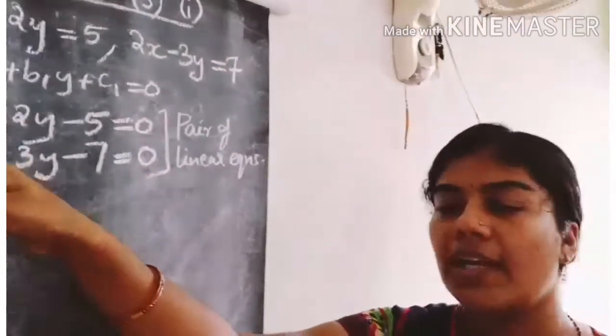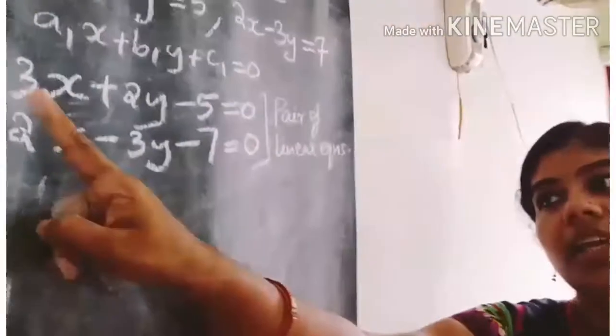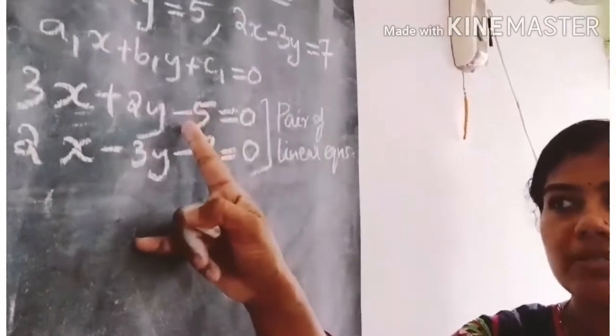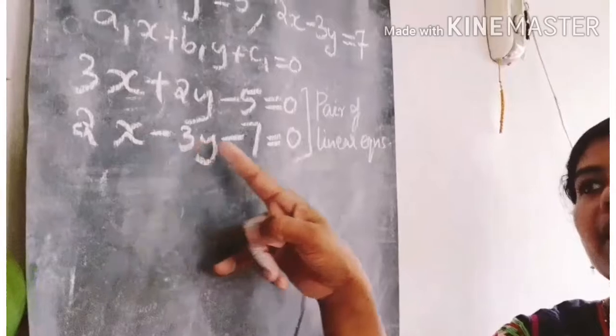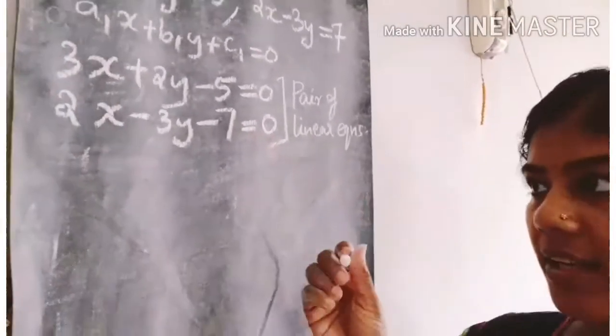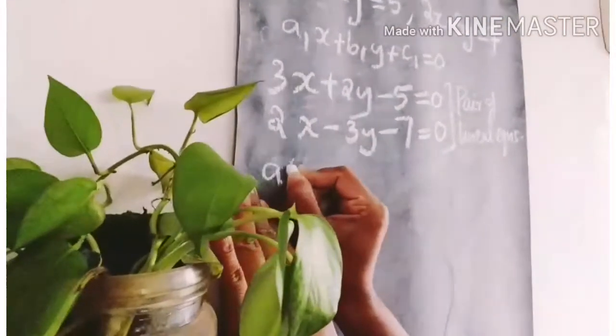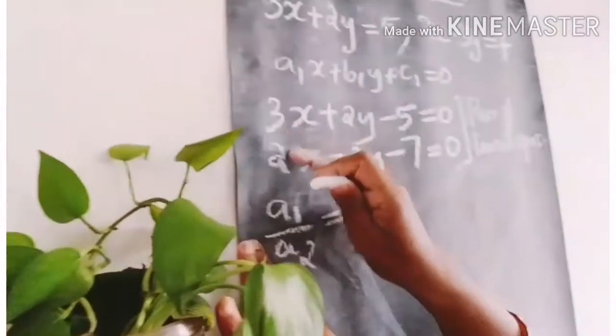It's clearly understood, we already did some questions. A1 is 3, B1 is 2, C1 is minus 5. A2 is 2, B2 is minus 3 and C2 is minus 7. So let's check. A1 by A2 is equal to 3 by 2.